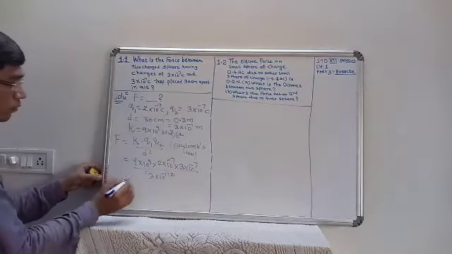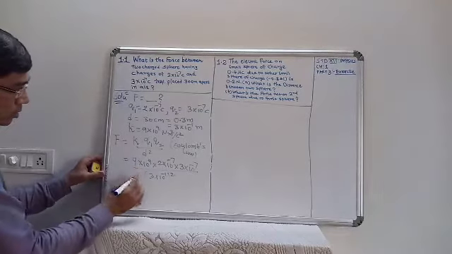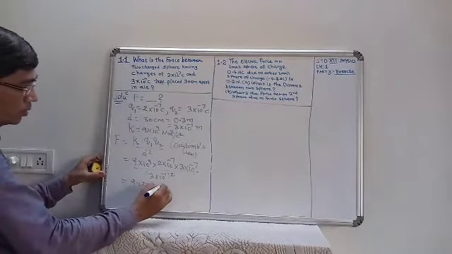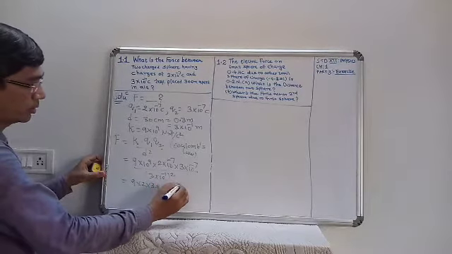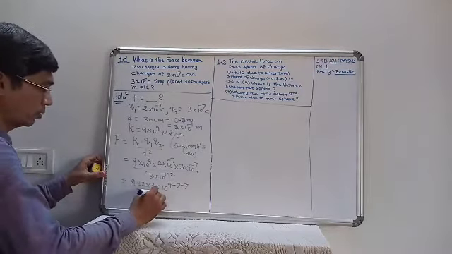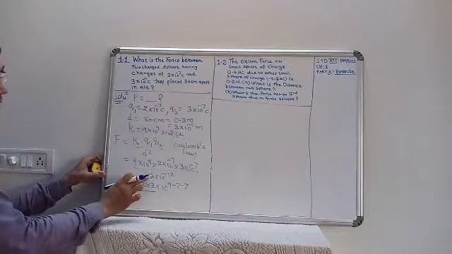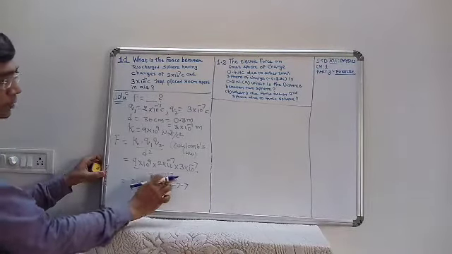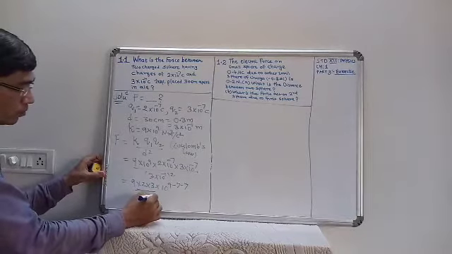So here we get 9 into 2 into 3, 10 raised to 9 minus 7, upon 3 square, which is 9. 10 raised to minus 1 square is 10 raised to minus 2.